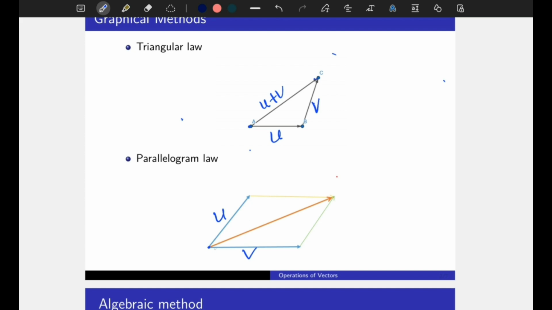By using a parallel translation, we can draw u here and use a parallel translation again to draw v and have a parallelogram. So the vectors, as you see, are arranged head to tail. That is, the head of the first one is the tail of the second. And the resulting vector is this one, u plus v, the diagonal of the parallelogram.